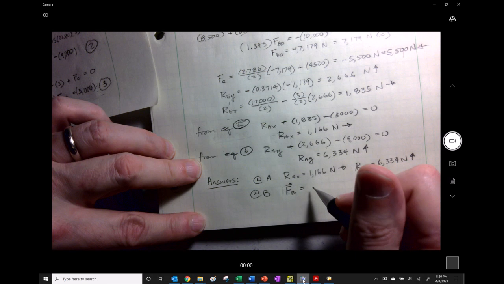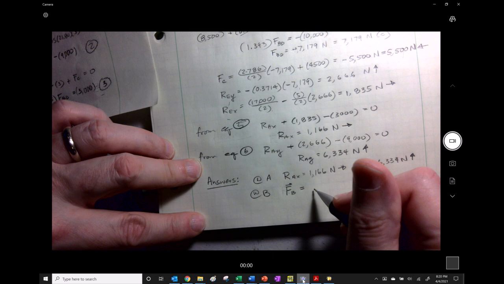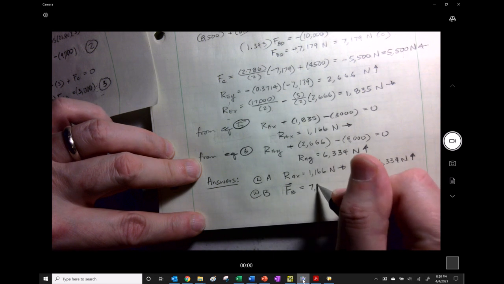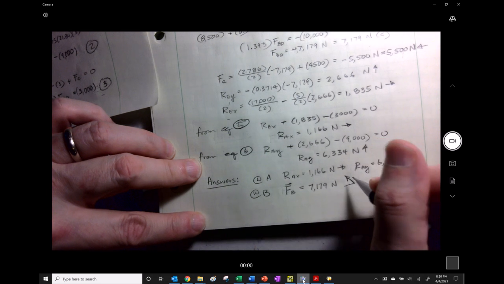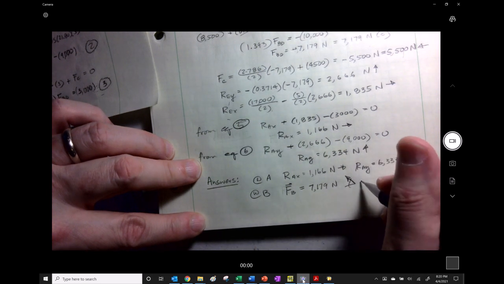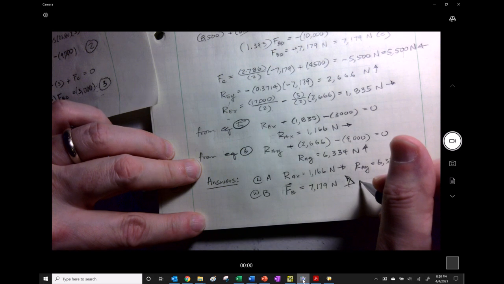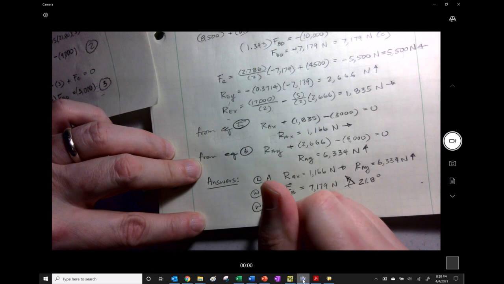You know, this is going to be what FBD is, but we decided it was in compression. Yeah, okay. And we got a value for the FBD of 7,179 newtons. And it was coming up at an angle with respect to horizontal of 21.8 degrees.